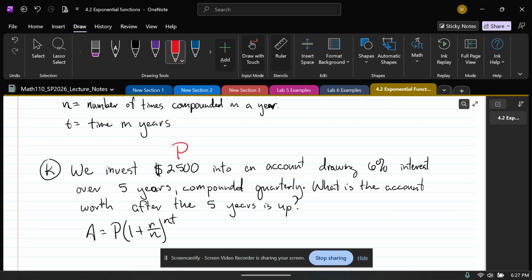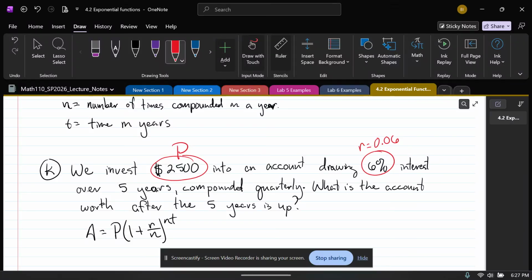That's P. And then it says drawing 6% interest. 6% is my what? My rate, right? So R equals, what's 6% as a decimal? 0.06.